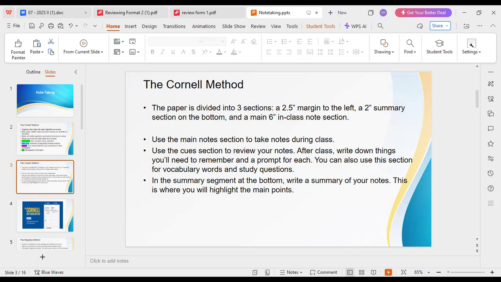There is a specific structure, specific margin, but you don't have to follow it as it is, but this is the technical structure. 2.5 margin to the left, and also the summary, and then the main note section likewise.